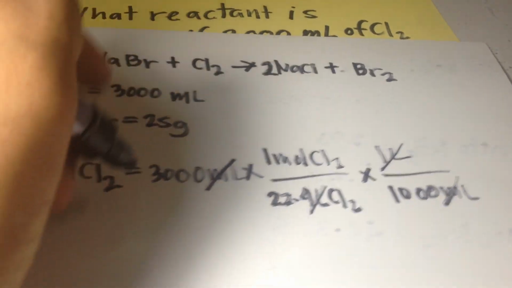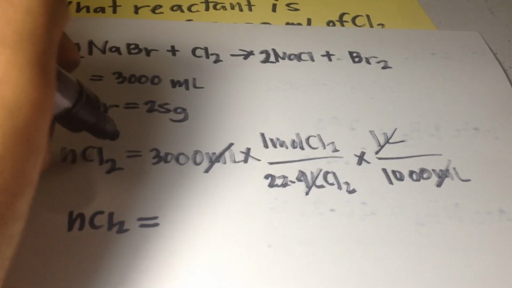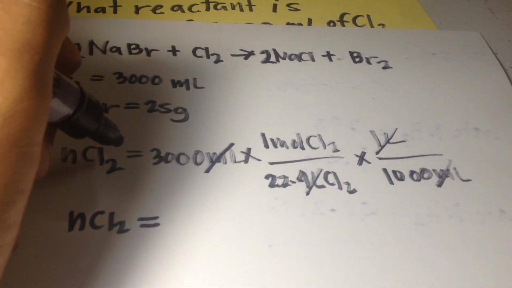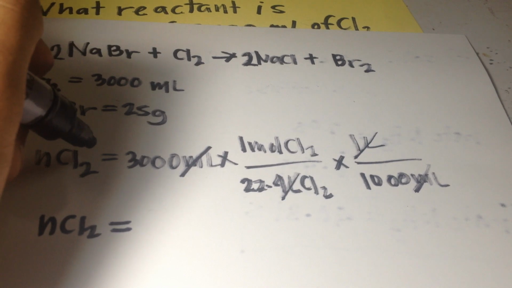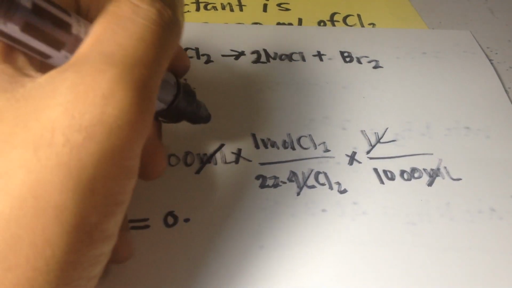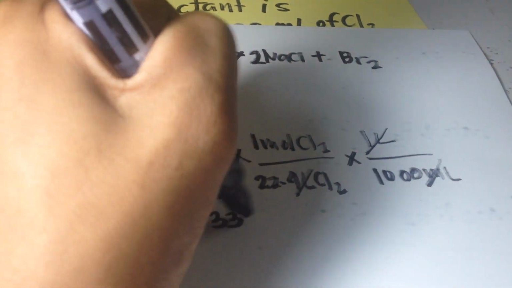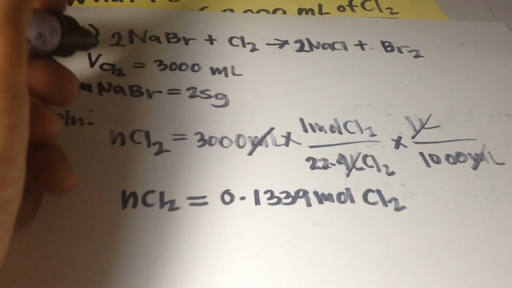Then cancel out ml, and the liters cancel too, and what's left is moles. So n of Cl2 is equal to 3000 divided by 22.4 divided by 1000, which is 0.1339 moles of chlorine gas.